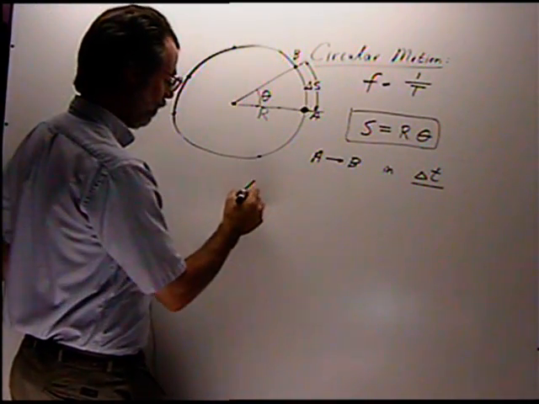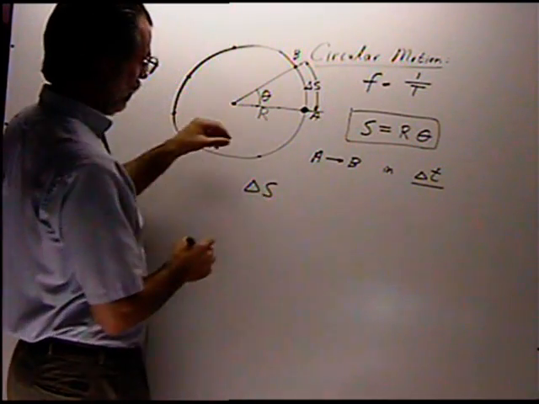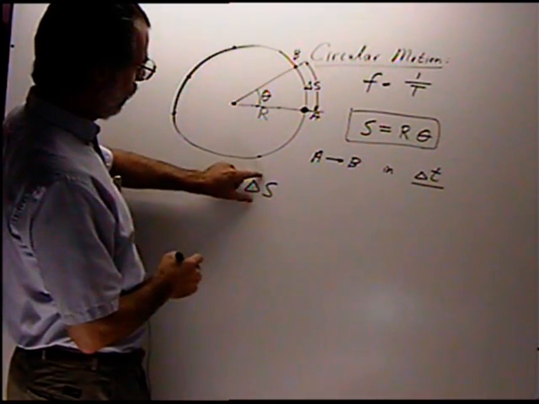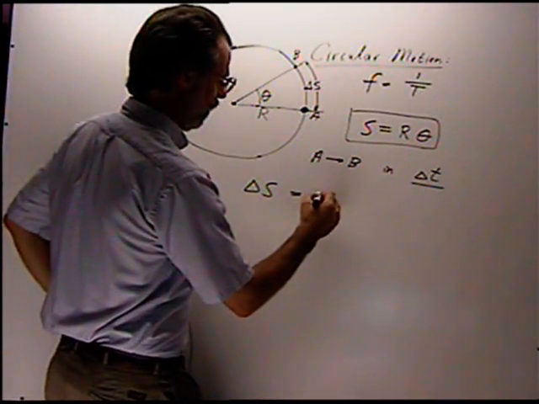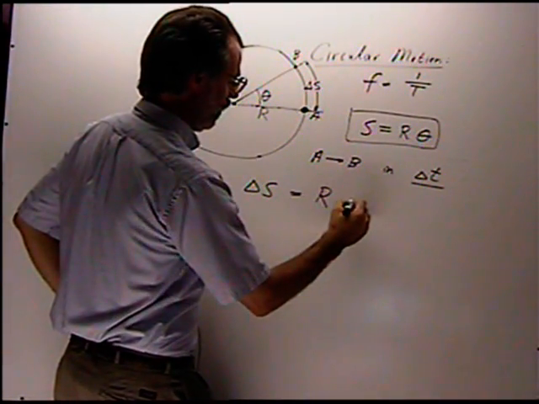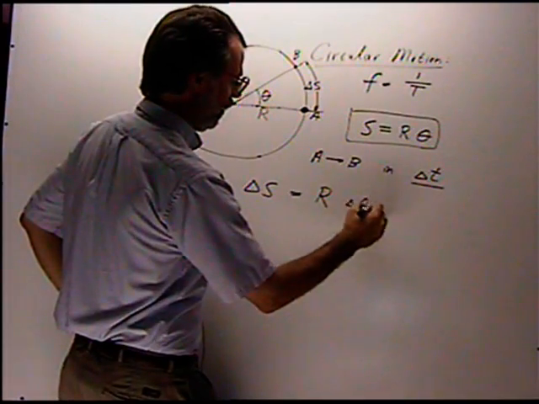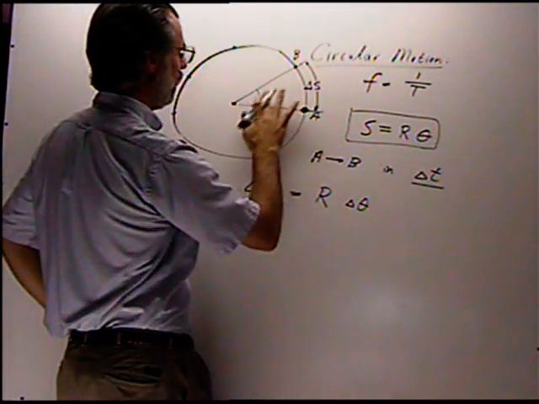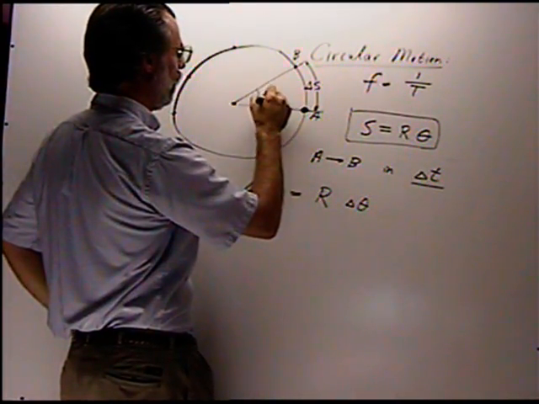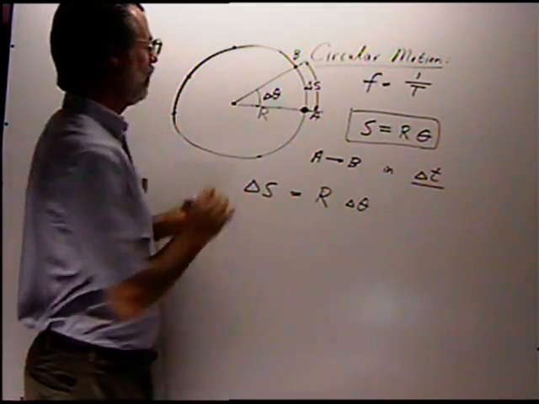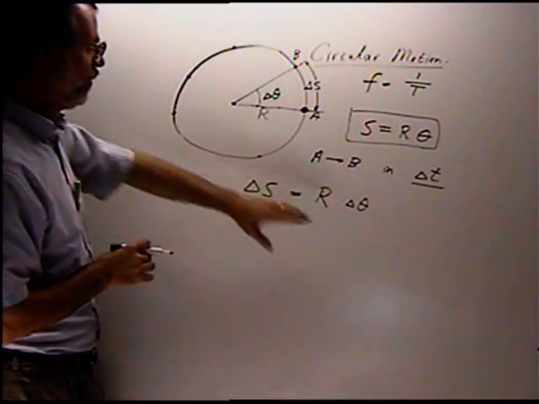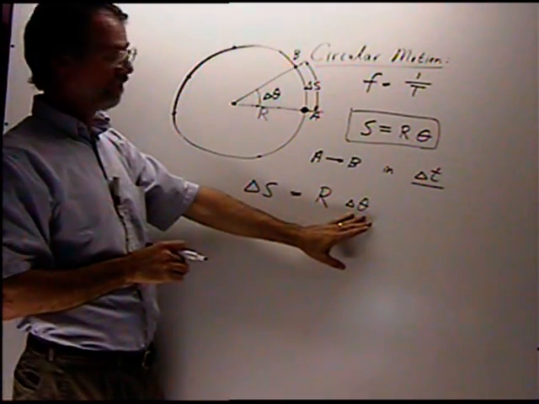So delta S, a small segment of arc length from here to here, equals R times delta theta. And if I make this a delta theta, it means I'm just changing the angle by a small amount. That small amount, I'm going to give the term delta theta.